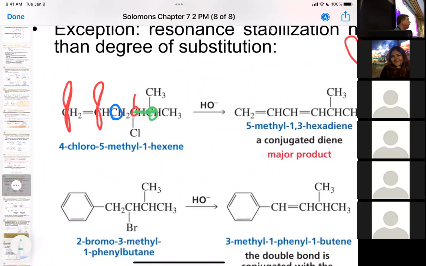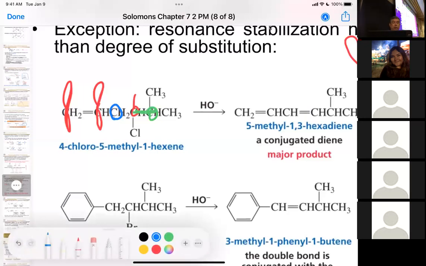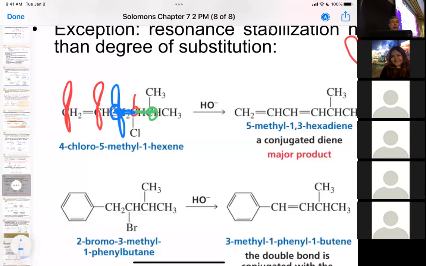Okay, that would be the right answer, except we have a double bond. Now, if we make the one on this side here, now we'll have our double bond here, and all of these pi orbitals will be conjugated. That's why it'll break the rule. So conjugation breaks Zaitsev's Rule. So we call this the conjugation rule.